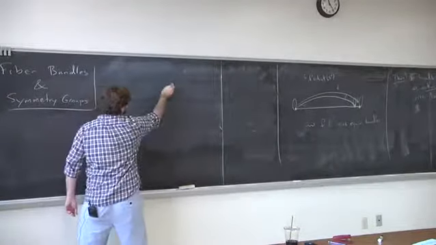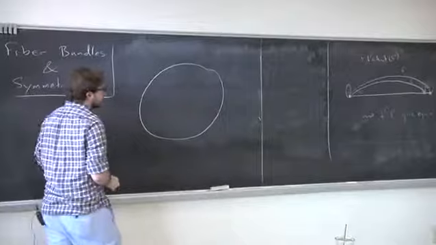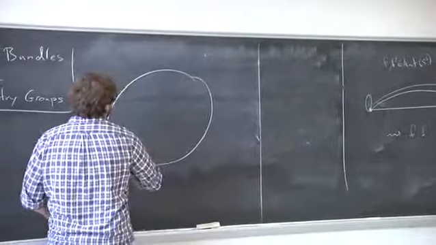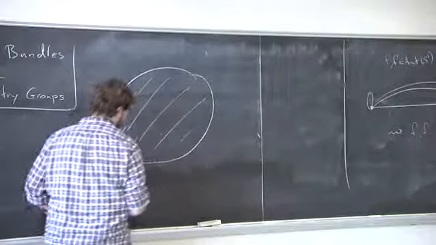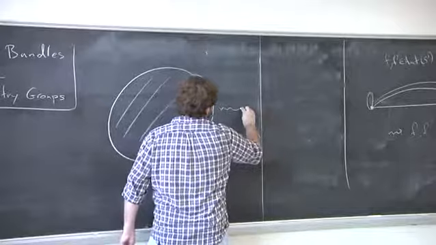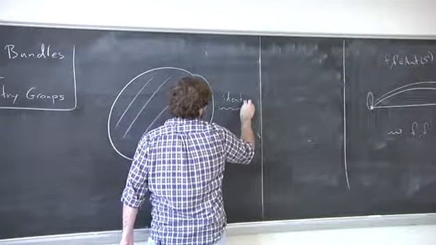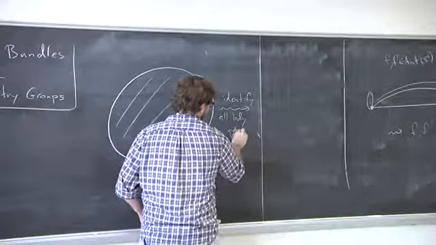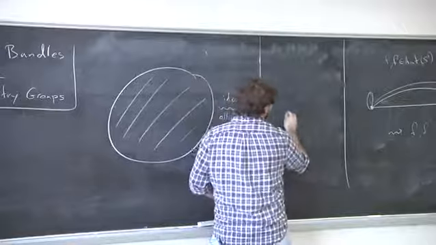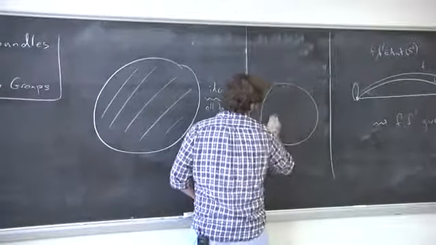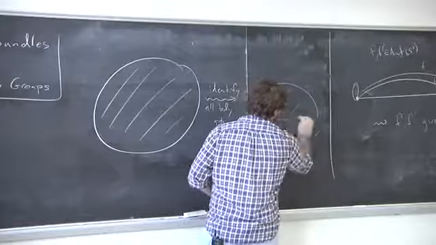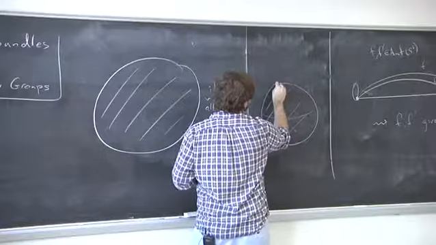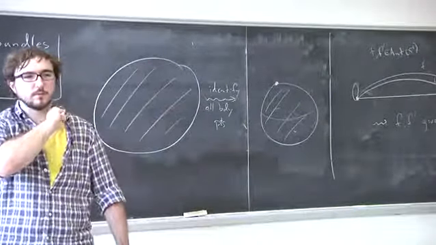So I'm saying start with the solid two-dimensional disk, so it's all solid in here, identify all boundary points, and what I have is the disk that I had before, now with that entire circle, that single point up at the North Pole.